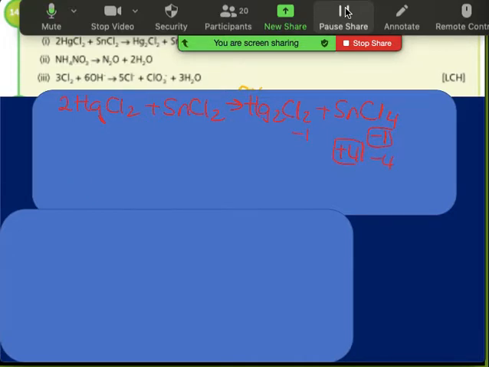Here, chlorine -1, I have 2 of them, -2. This side has to be +2 in total, so each mercury has to be +1. So -1, 2 of them makes tin here +2. -1, 2 of them makes mercury here +2. Your mercury is going from +2 to +1, a decrease in oxidation number, which is reduction. Your tin is going from +2 to +4, an increase in oxidation number, which is oxidation.